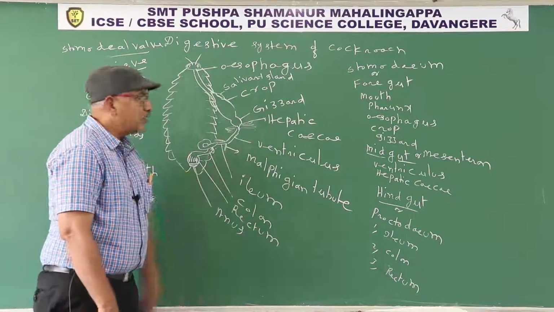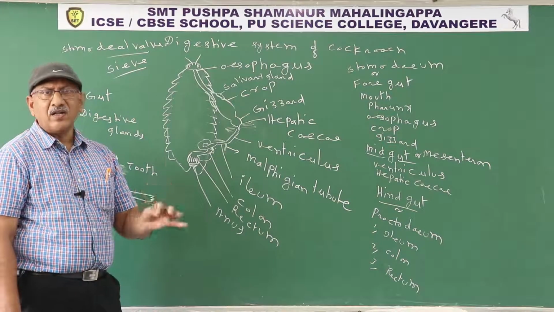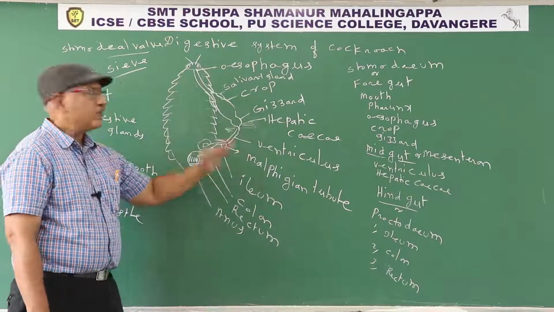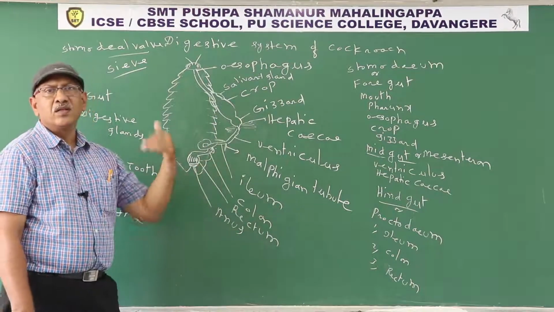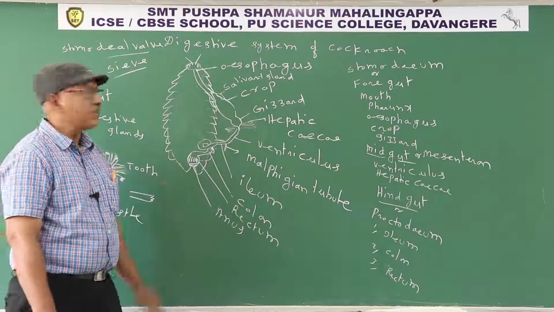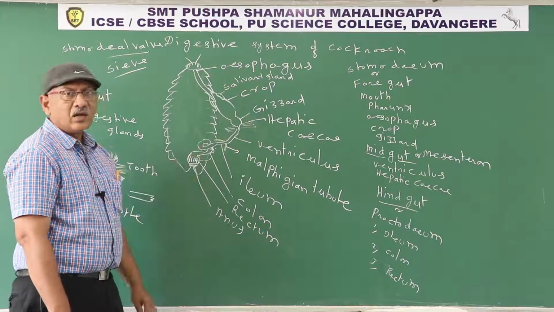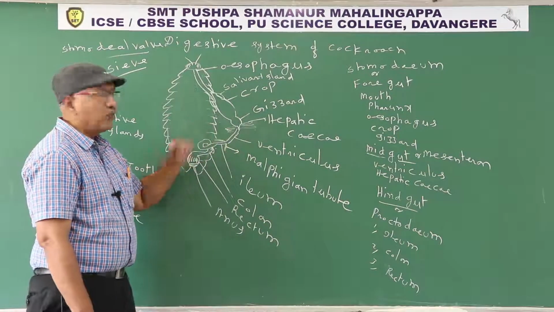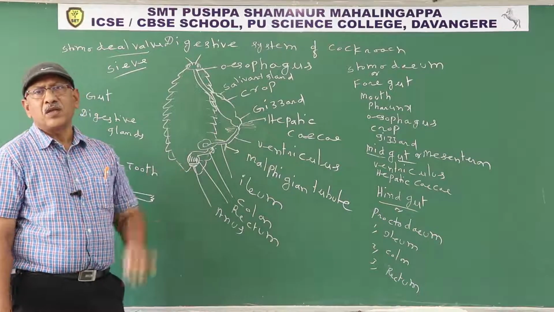So hepatic caeca help in digestion and absorption. Simple definition: conversion of complex, insoluble substances into simple, soluble substances is known as digestion. Transport of digested food from the alimentary canal into blood is known as absorption.